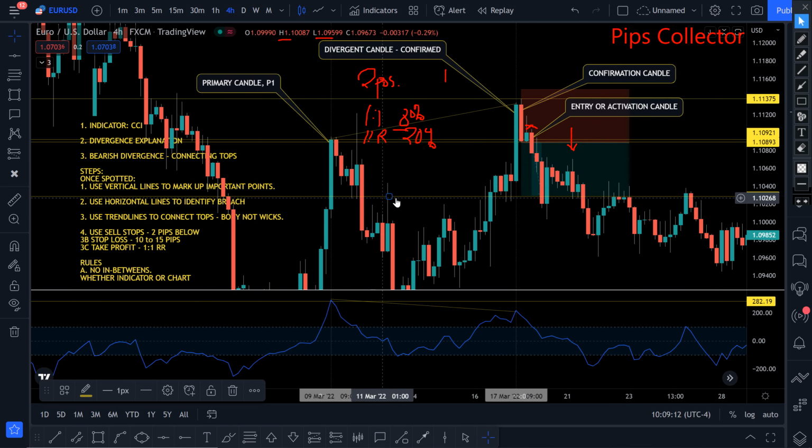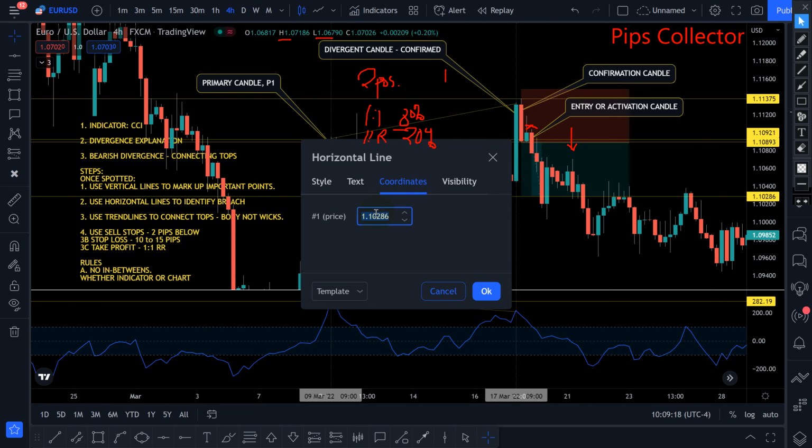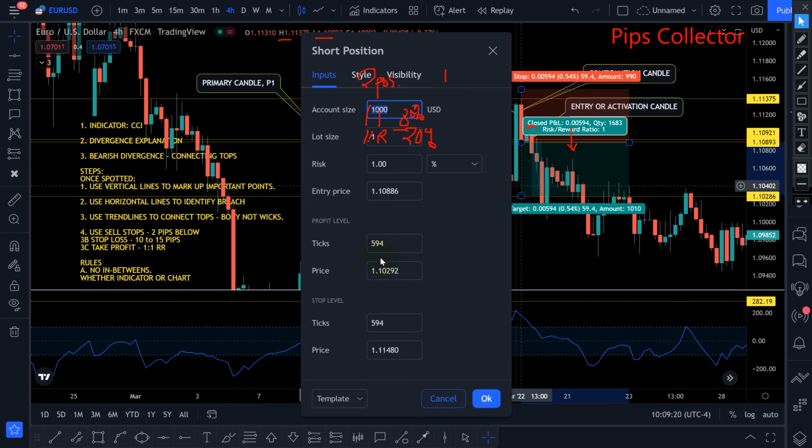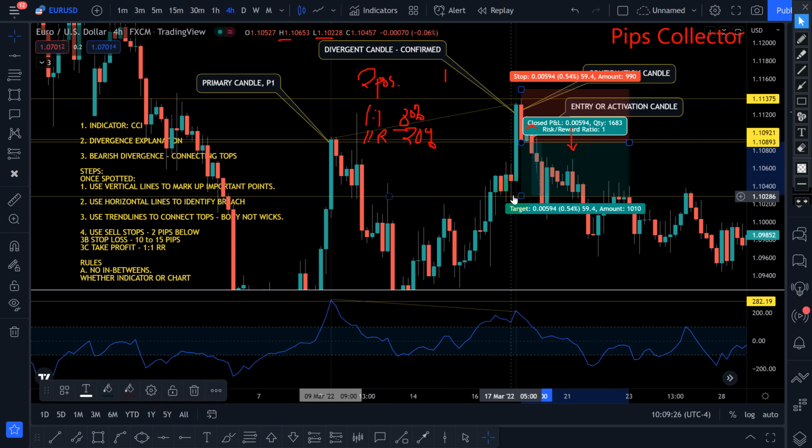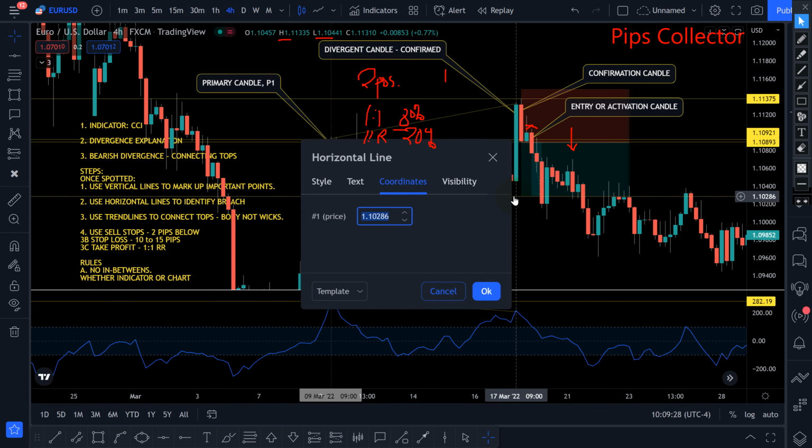You place a horizontal line here. At your 1:1, since you copy the number from this area, which is the price, you enter it in this: double click this horizontal line, you see this value, do Ctrl V, you paste.